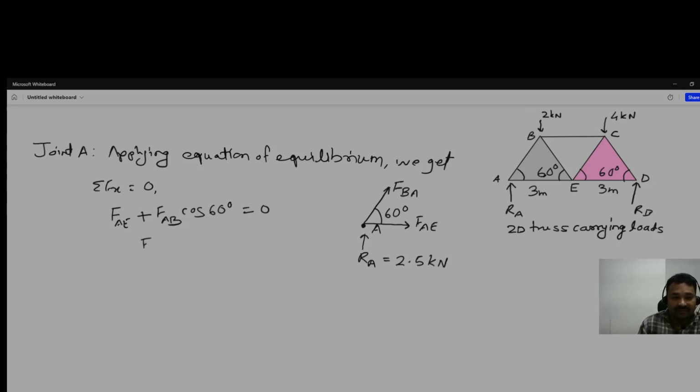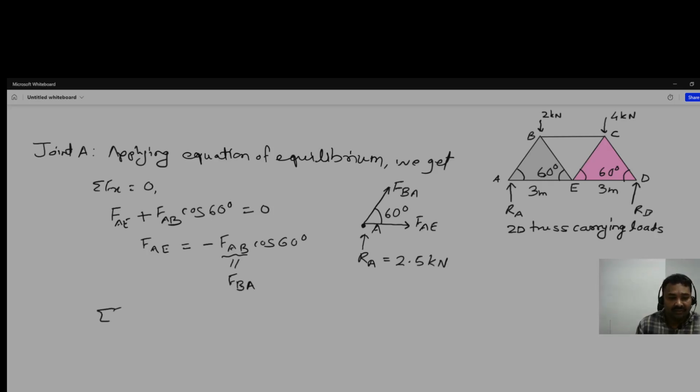So from here FAE is equal to minus FAB cos 60 degree. So FAB we don't know, and this is equal to FBA. So better to write like FAB, FAE in this way.